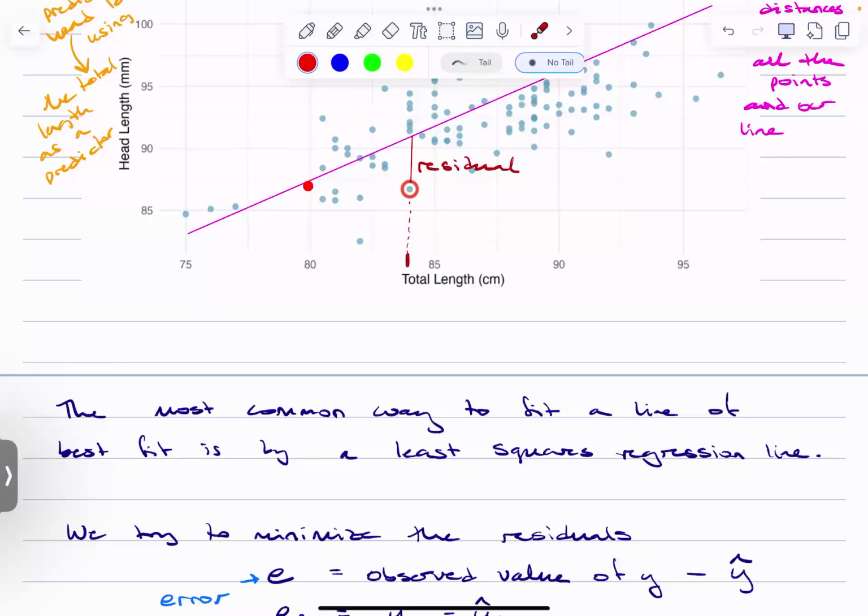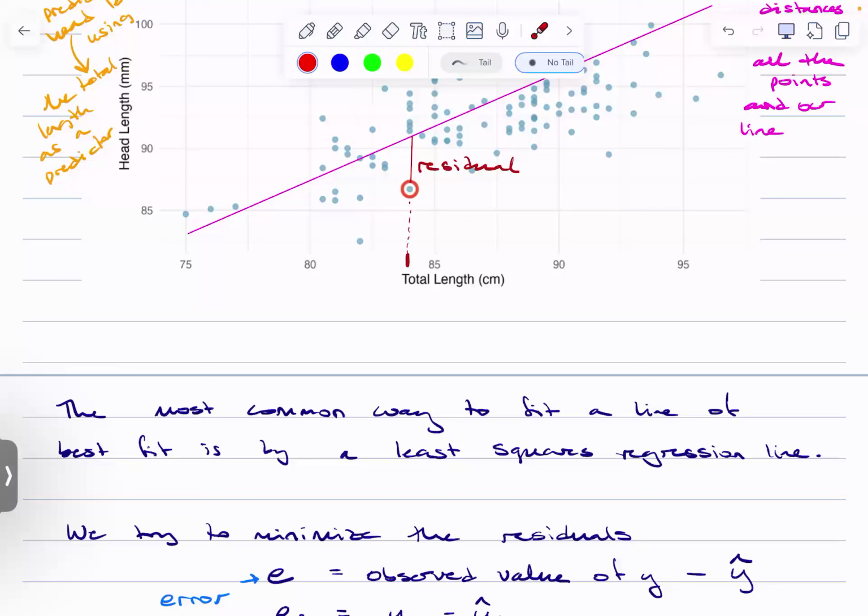If the predicted value is above your points, then you're subtracting a larger value from a smaller value, making a negative. So all these residuals below the line would be negative, and all the residuals above the line are positive. And as another LFF, little fun fact, they all add to 0.